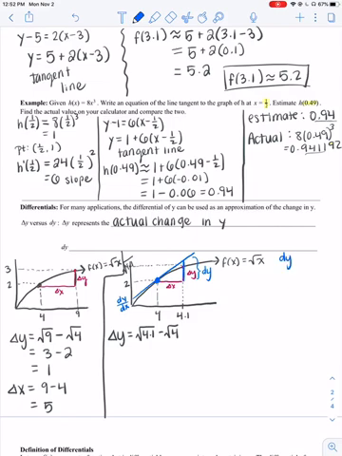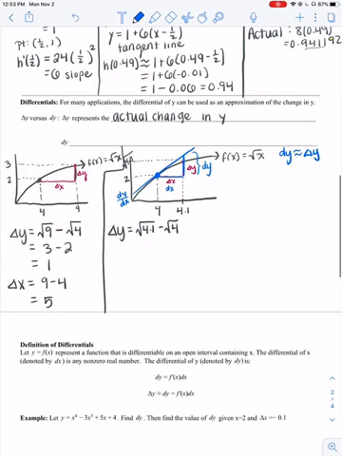So dy approximates delta y. And then this horizontal is still dx. And so we can see that in these differential problems, dx is the same as delta x. So dy is an approximation, but dx is not. They are the same. So sometimes you'll see in a problem it'll give you dx, and sometimes it will give you delta x.